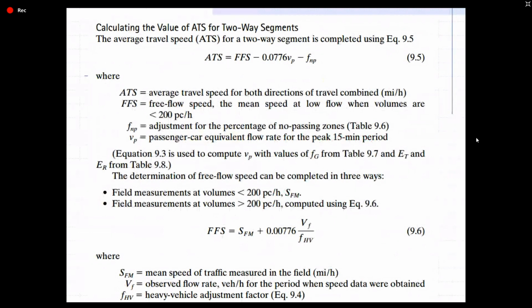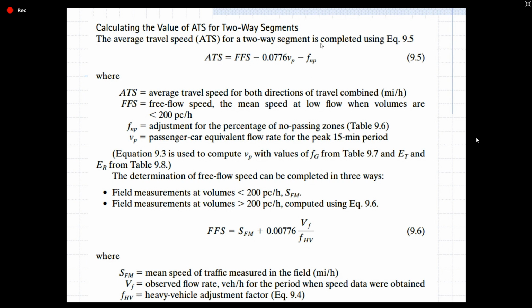So, next is from our methods, we now have your average travel speed. So, again, average travel speed is equals to your free flow speed minus 0.00776 multiplied by again is your passenger car equivalent, then minus your FNP.